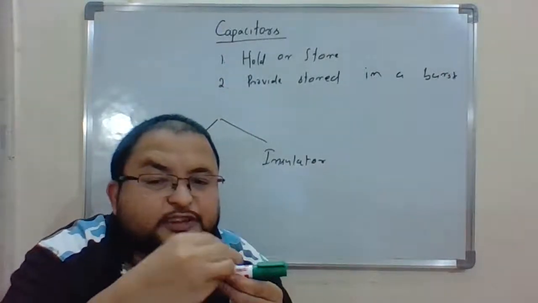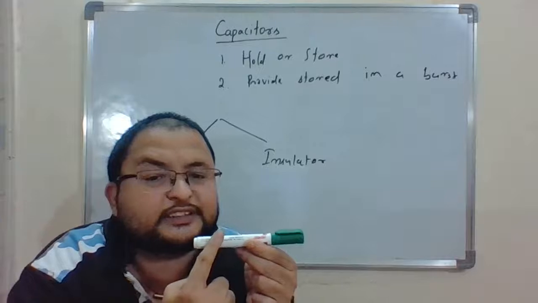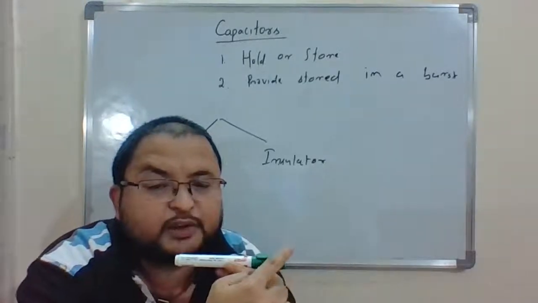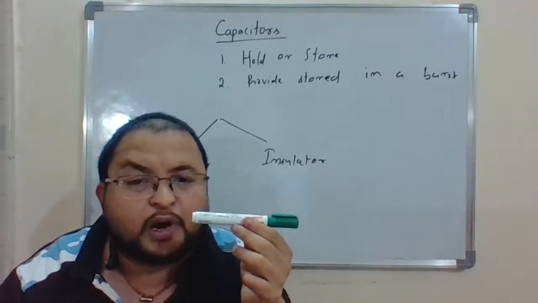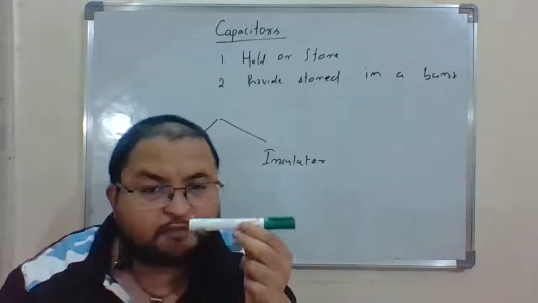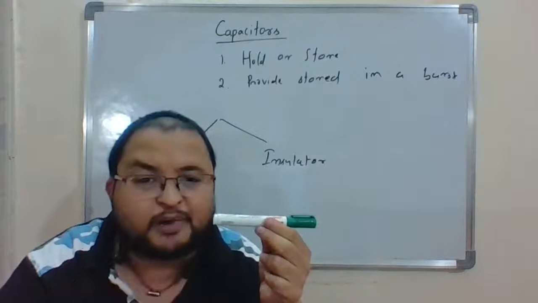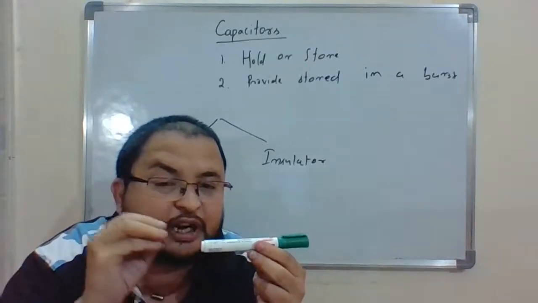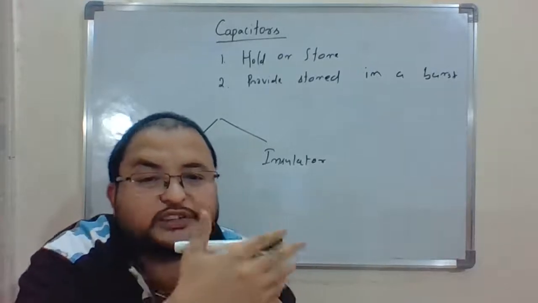The charge which I'm giving here would immediately be transmitted to the nearby atoms, right? Similarly, the next atom would transmit it to the next atom, and the next one to the next one, so that, assuming it's a uniform conductor, the charge distribution would also be uniform. If the conductor is not uniform, obviously the charge distribution will not be uniform, but the total charge which I'm giving here would be spread across the surface.